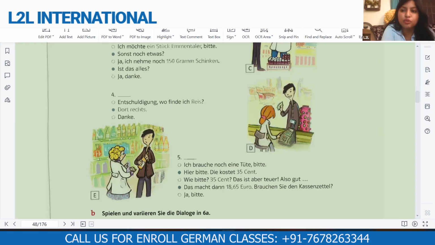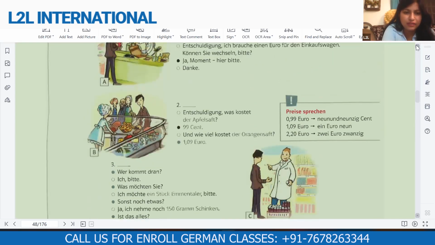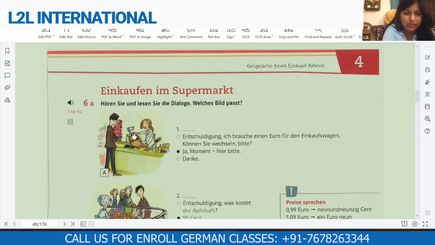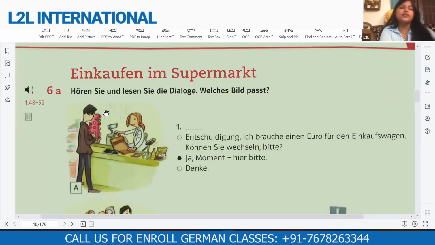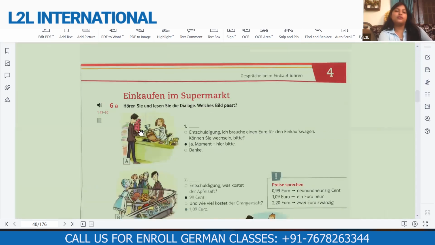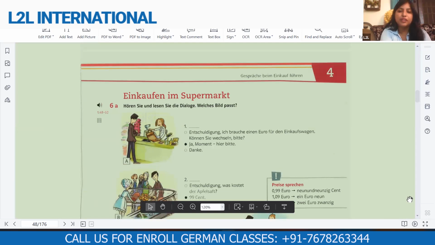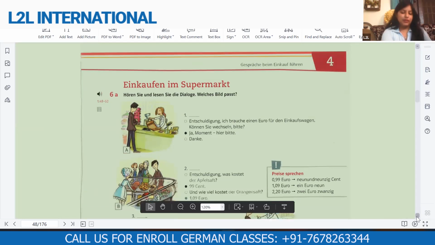That would go with picture A, because she is holding a bag in her hands. You can see here she's holding a bag and he's asking her to give it. So that's A. Where you have the numbers, please note down the pictures that go with the dialogues. Write down the pictures here.